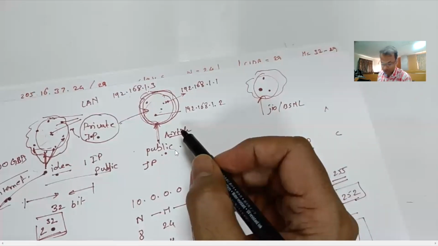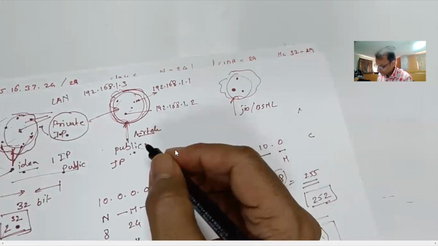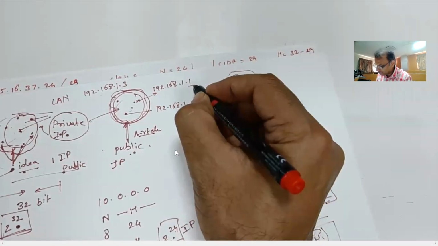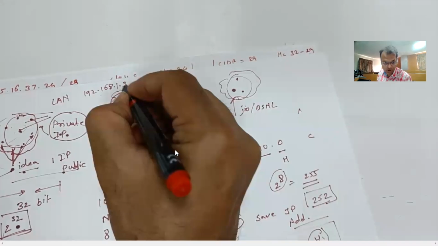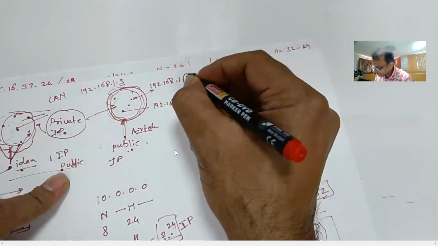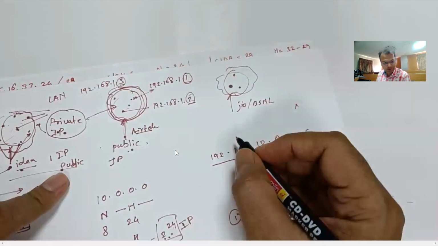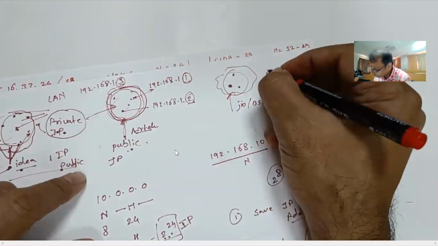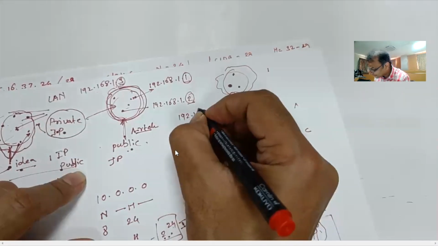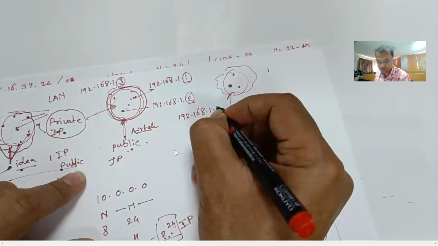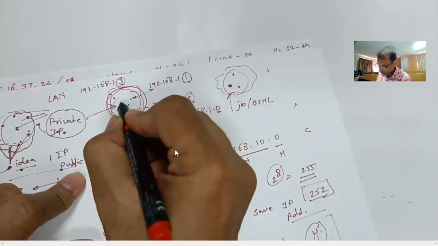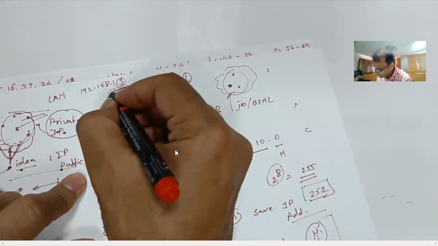The answer is, this is a class C network and this group is the host part. So I should make the host part 0 and that becomes the network address. My network address for this network is 192.168.1.0. As soon as all host bits are 0, it becomes the network address, which identifies this network.